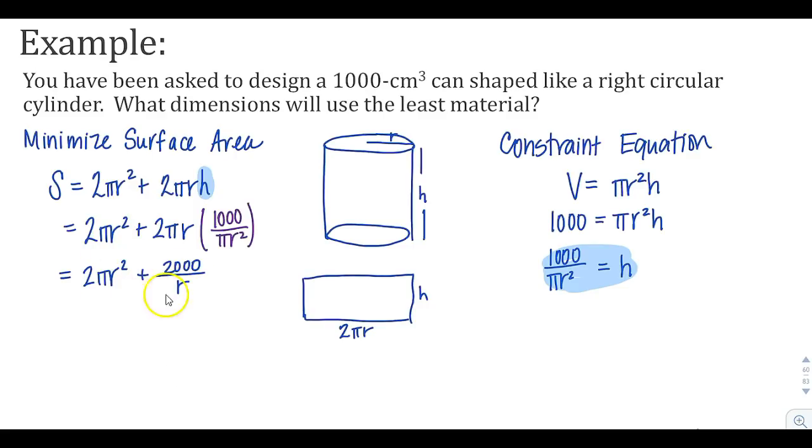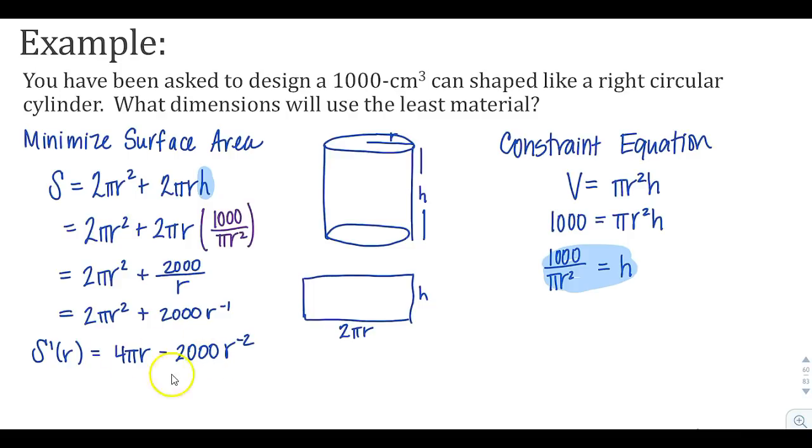Now that's all in the same variable. I want to be able to take its derivative, so before I do that, I'm going to do one more thing. I'm going to write 2 pi r squared plus 2,000 r to the negative 1, so I can apply the power rule to take the derivative. So my derivative, S prime of r, I'm taking the derivative with respect to r, is 4 pi r minus 2,000 r to the negative 2.